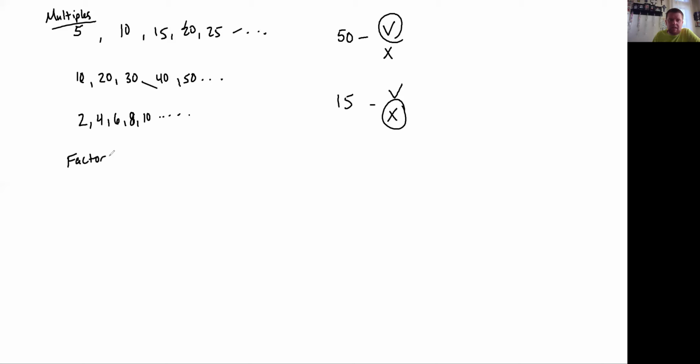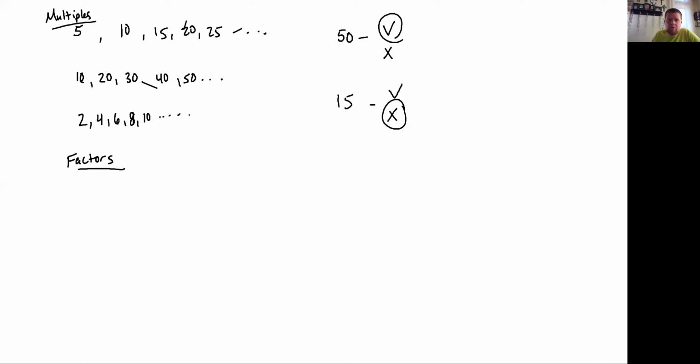Because these are typically taught at the same time, students have the tendency to get multiples and factors mixed up. Multiples are when you take a number and multiply it by a whole number. So 5 times 1, 5 times 2, 5 times 3, 5 times 4. Those are multiples. Factors, on the other hand, are two numbers that you multiply to get a number.